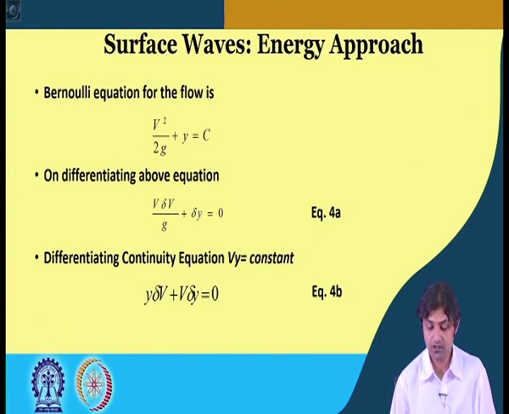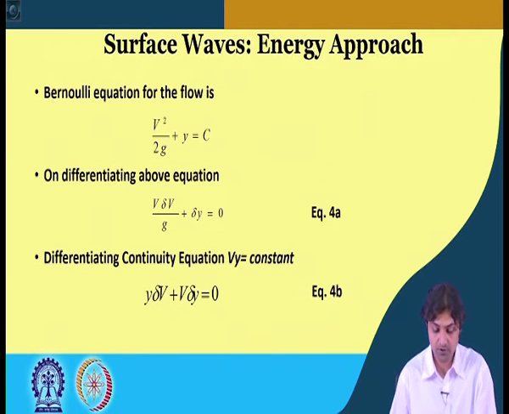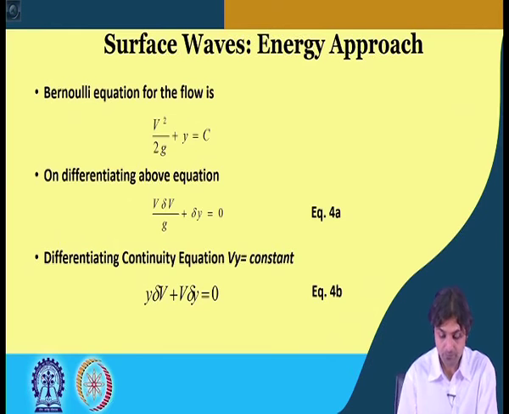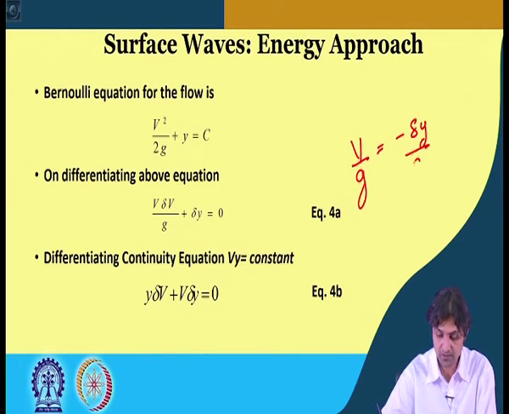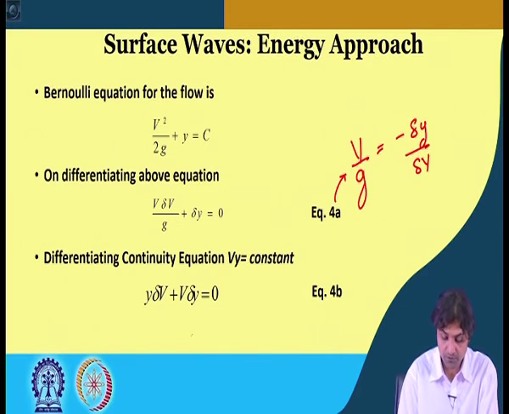This is equation 4b, and let us try to combine 4a and 4b. From 4a, v by g is equal to minus delta y by delta v, and from 4b we can write v delta y is equal to minus y delta v.